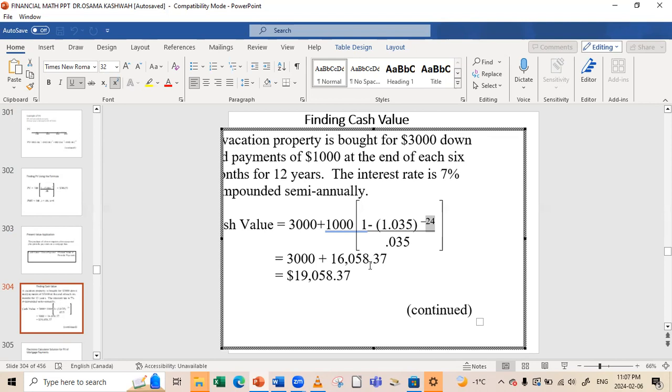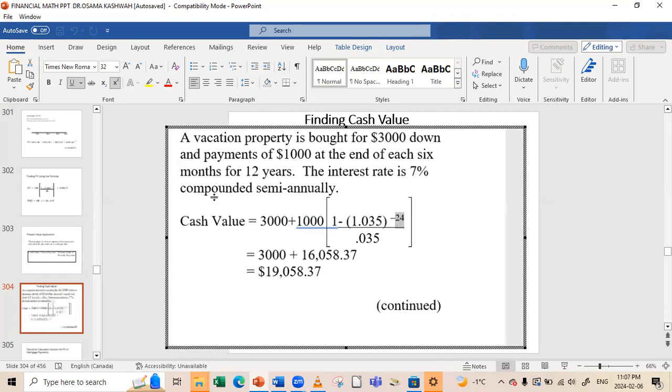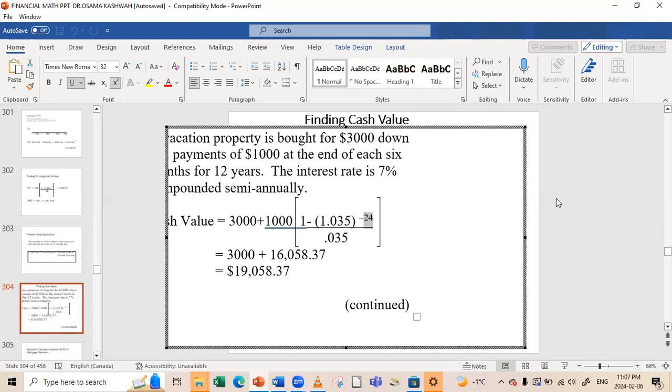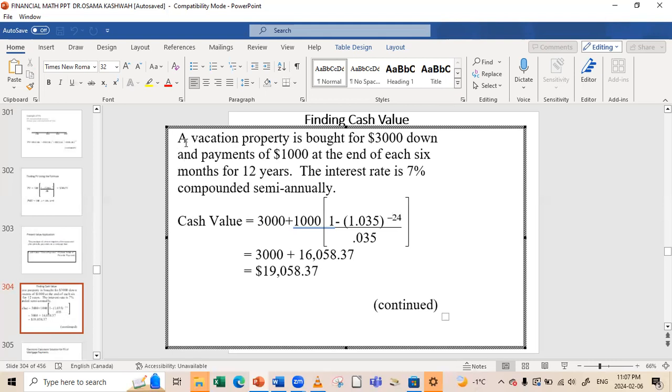And the interest rate, here we go to the interest rate. Let us take it, I just want to drag it a little bit down here. So the interest rate is 7% compounded semi-annually.